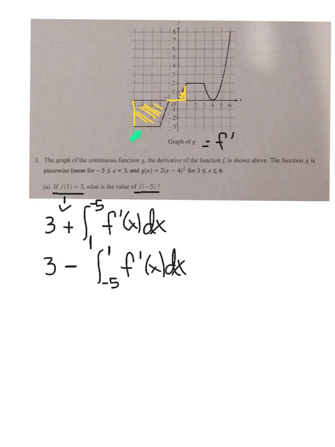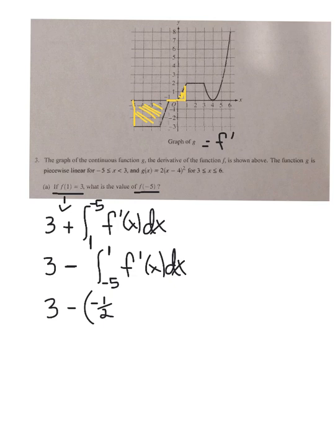Now just be a little careful. What do we know about this space right here, though? Do you see that that's going to be a negative area because it's underneath the x-axis? So we're going to do the area of a trapezoid, which is 1/2 height, base 1 plus base 2. I am going to negate because, remember, the area is underneath the x-axis.